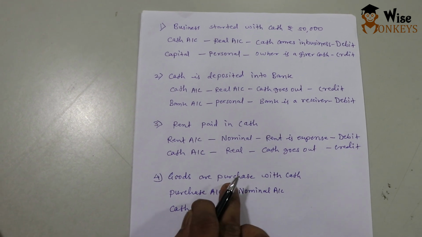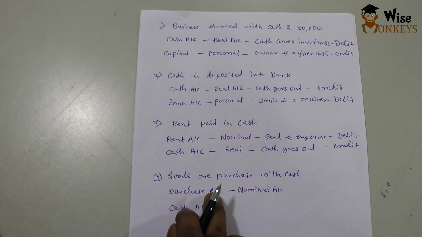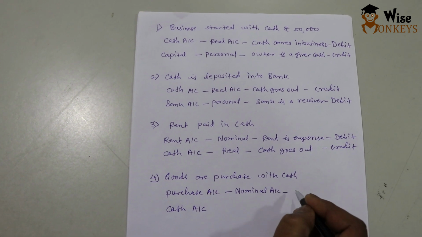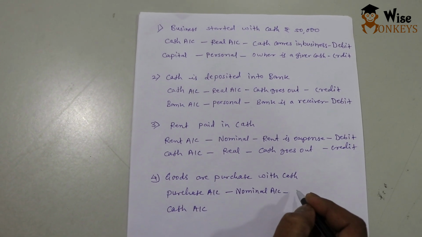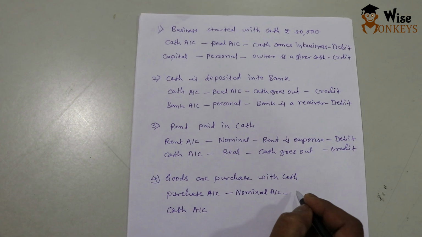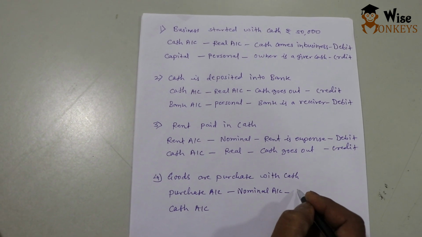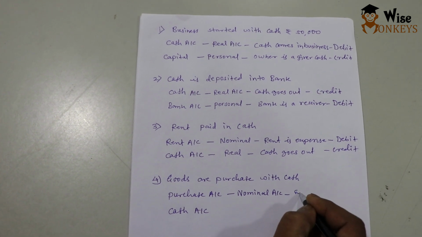Here the transaction is about purchase, so we write purchase account, which comes under nominal account. Purchase account is an expense account. We know the rule, debit the expenses or losses.